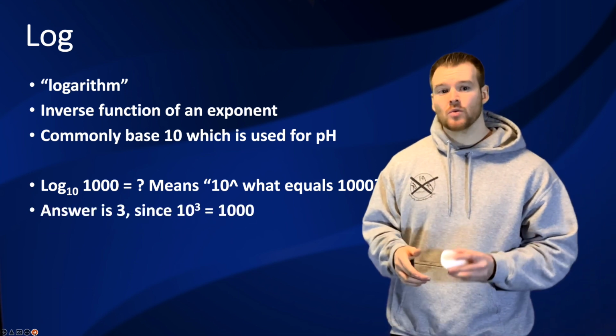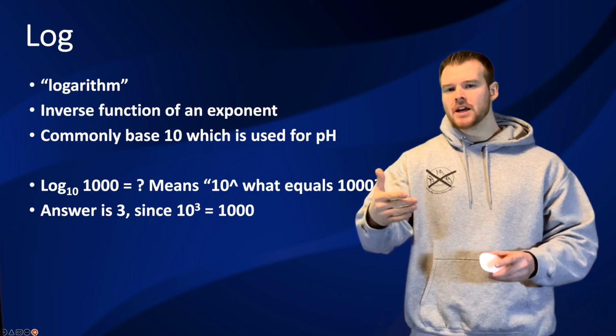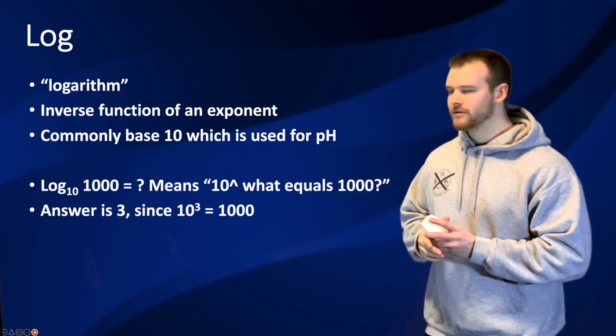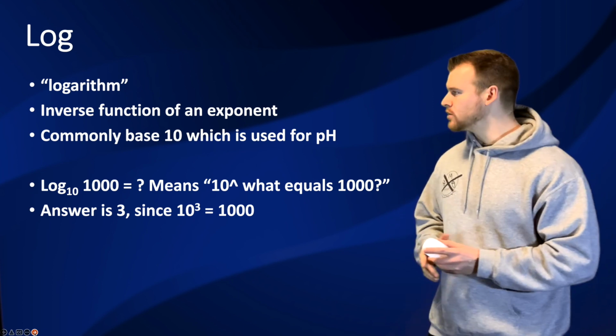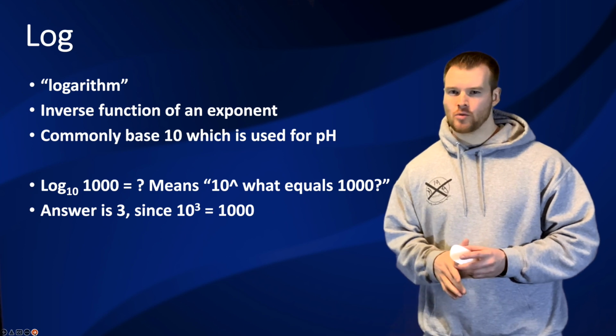And our answer in this case would be 3, because 10 to the 3 is 1,000. So 10 to the exponent 3 is 1,000. To go in the reverse direction of that was doing the log. So if I say, what's the log base 10 of 1,000? The answer is 3. So when we use logs for a scale, we're going up by factors of 10, because we're talking about base 10 here.